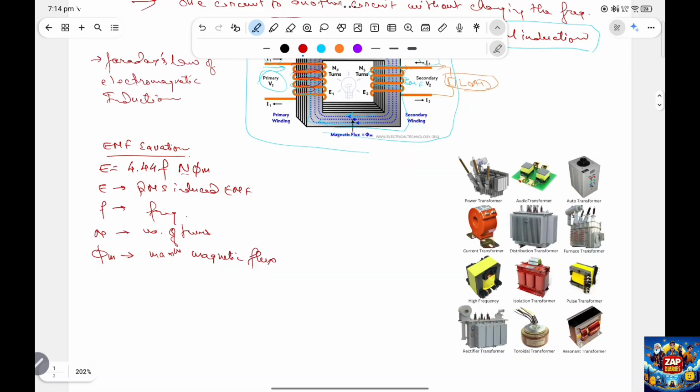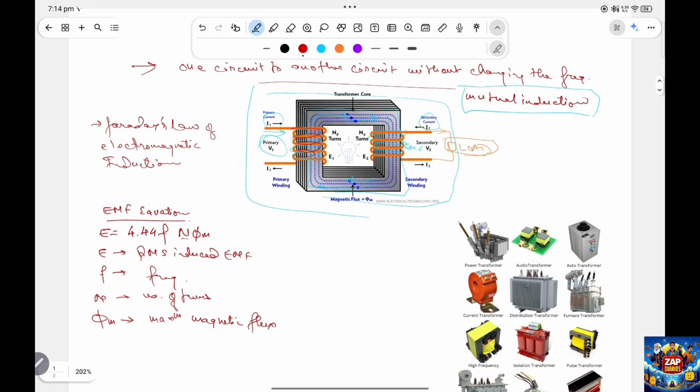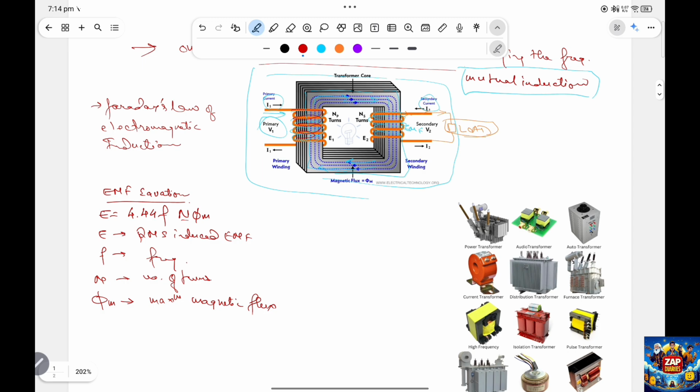Okay. And also there's another thing in the transformer, which is the voltage ratio.